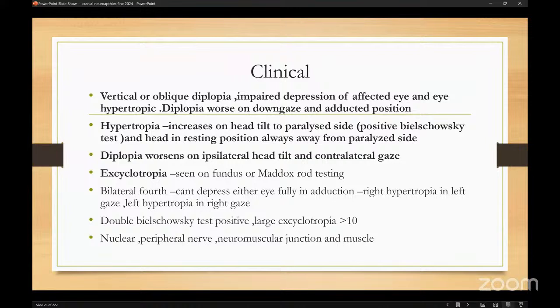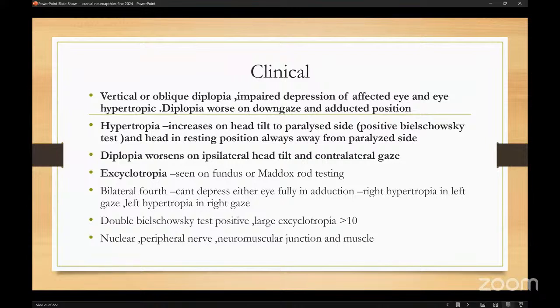Okay. And one more thing that happens whenever there is a superior oblique palsy. Normally when you tilt your head, for example, if you turn your head to the left side, right eye is up and left eye is down.